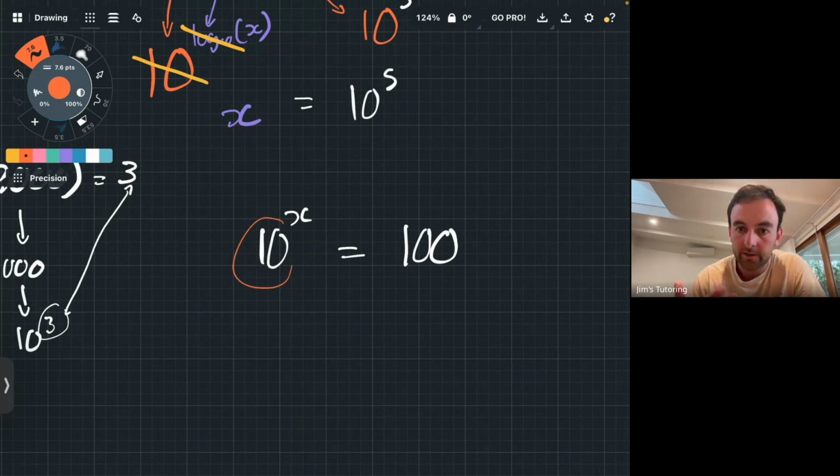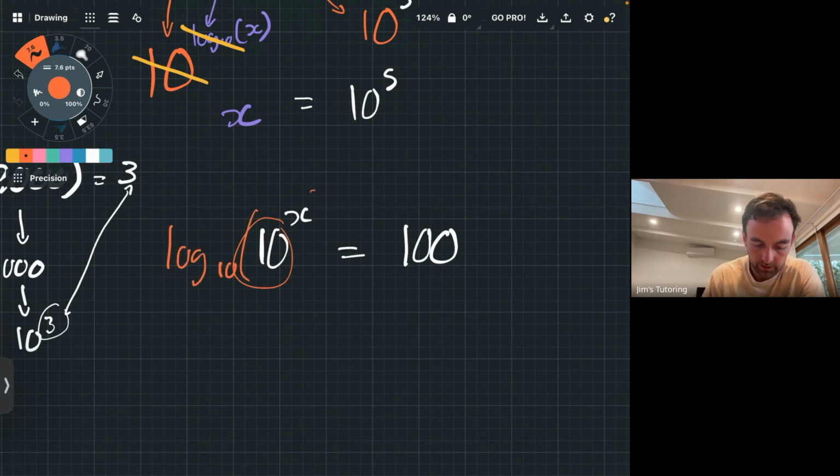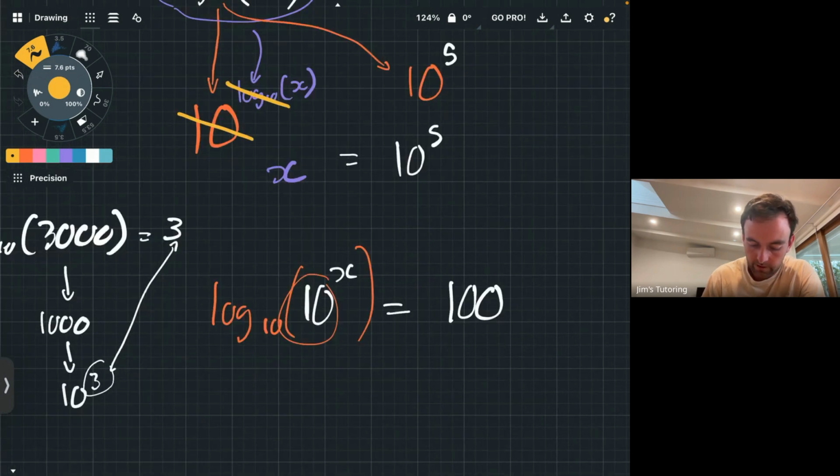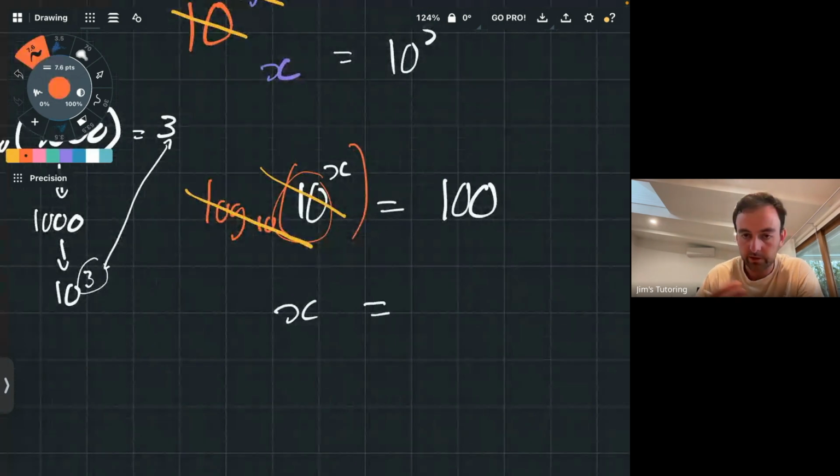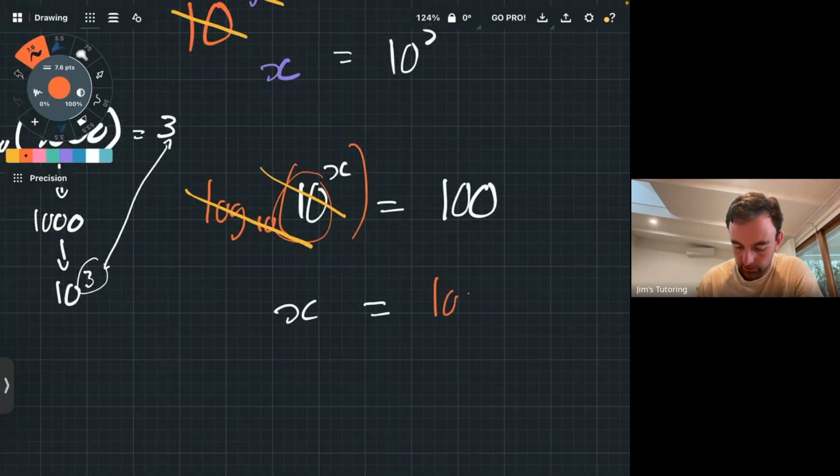How you would isolate the x in this case is taking the log of that number. So log 10 of that will then cancel it exactly the same as how we did it there. We'll cancel out that and the 10. So then x will just equal, because we need to do it to both sides, x will equal the log 10 of 100. So that will equal 2.